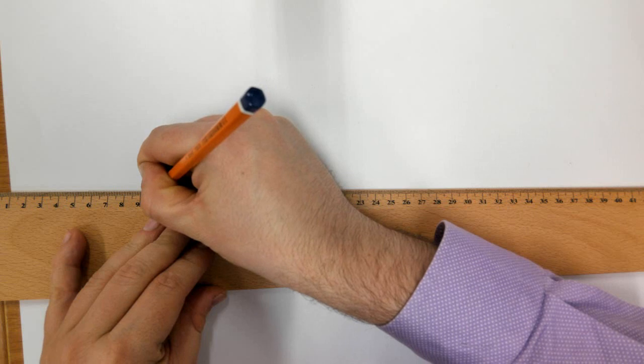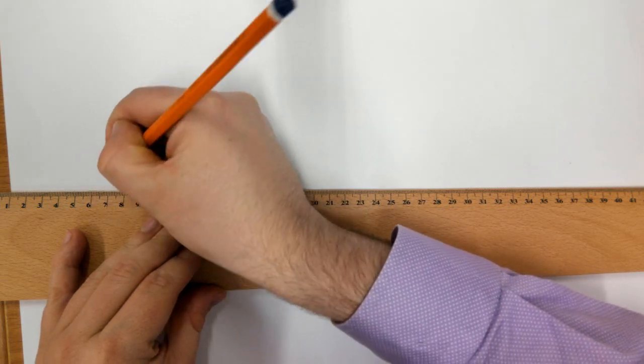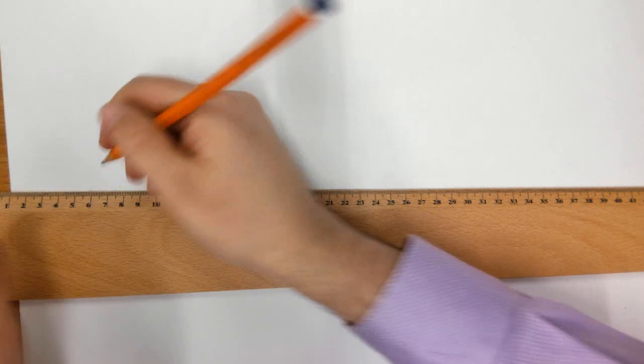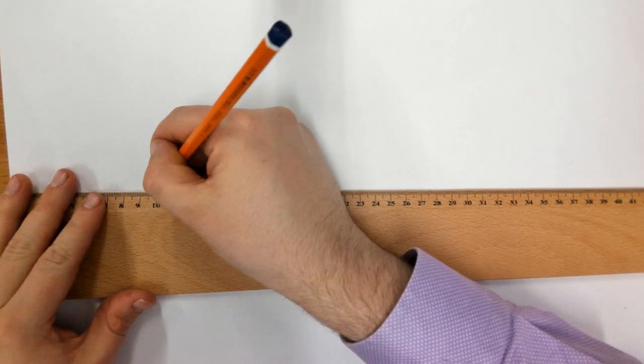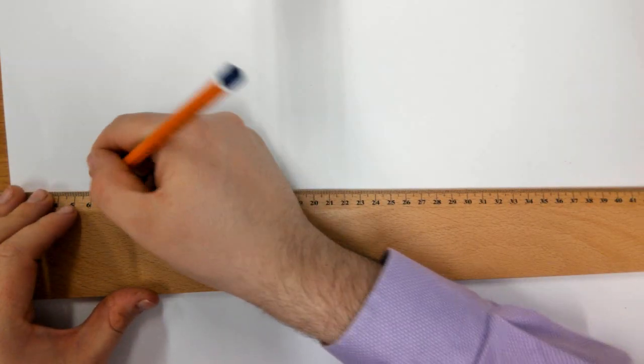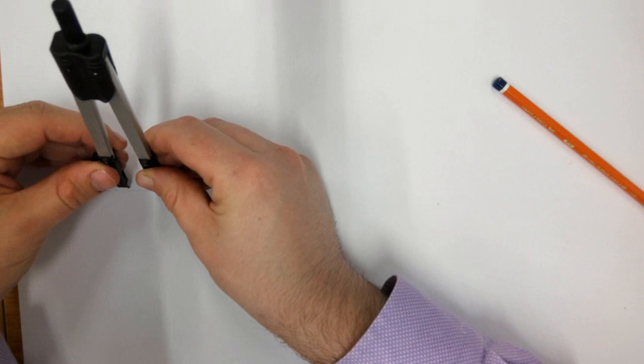And the answer is the radius will be 28, alright? And then we have another radius of 40 to draw in. So a common mistake students do is they will mix up radius and diameter, okay, which is not what we want.